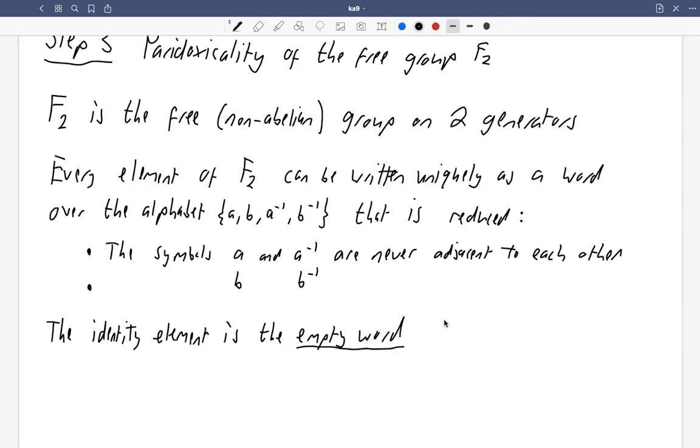It's rather awkward to write the empty word. So in theoretical computer science, one uses a kind of curly epsilon symbol for the empty word, because if you just write it without that, it's empty space, or you might put two quotes next to each other like an empty string in a programming language. But anyway, the standard notation in computer science is this curly epsilon, so I'm going to use that.